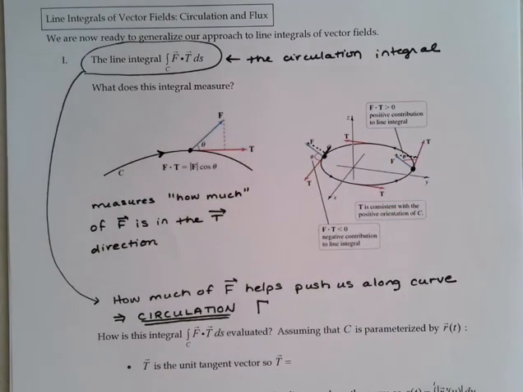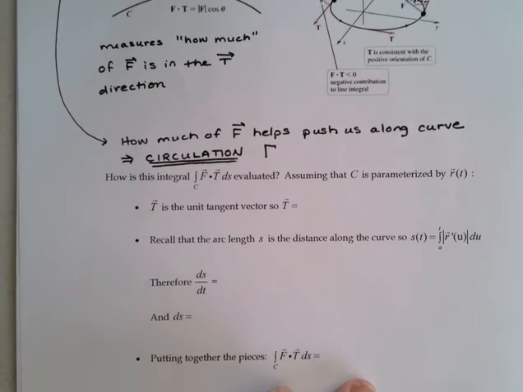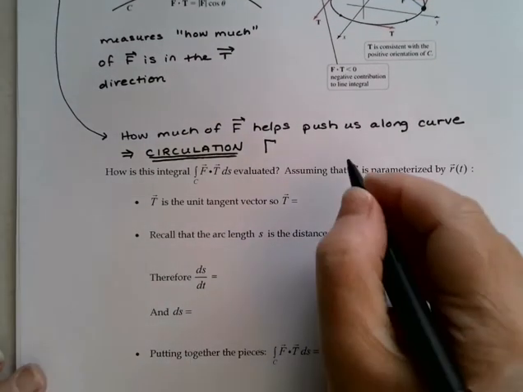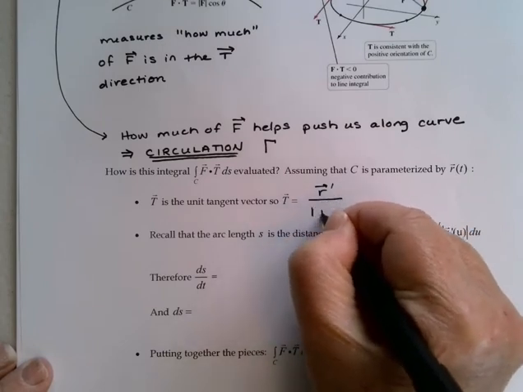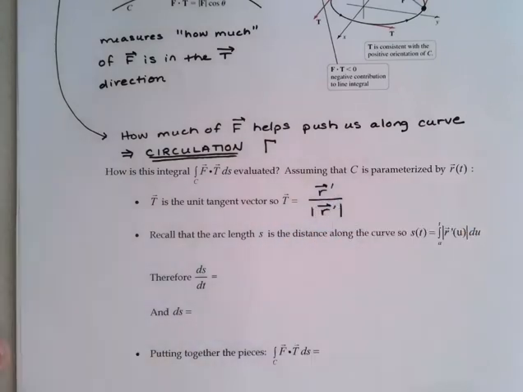All right, as far as how it's evaluated, there's not going to be anything new here. I'm just going to take probably about 45 seconds to review very quickly what we already saw for work, because the concept is the same, even if we're interpreting it slightly differently. So again, t is a unit tangent vector. The tangent vector would be r prime. And to make it a unit vector, we would divide it by its magnitude.